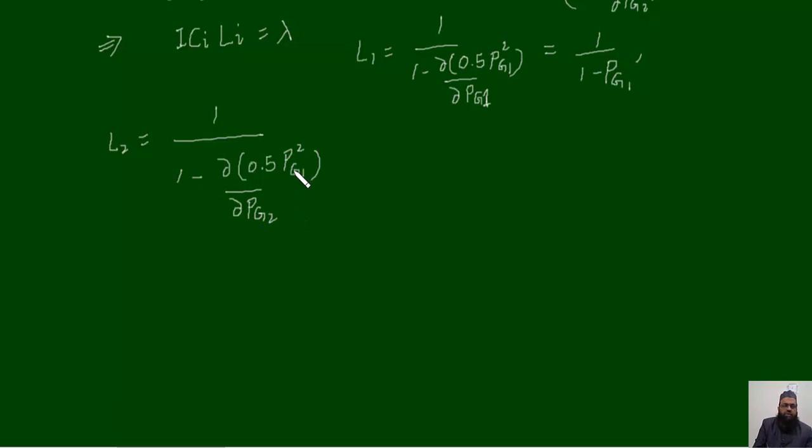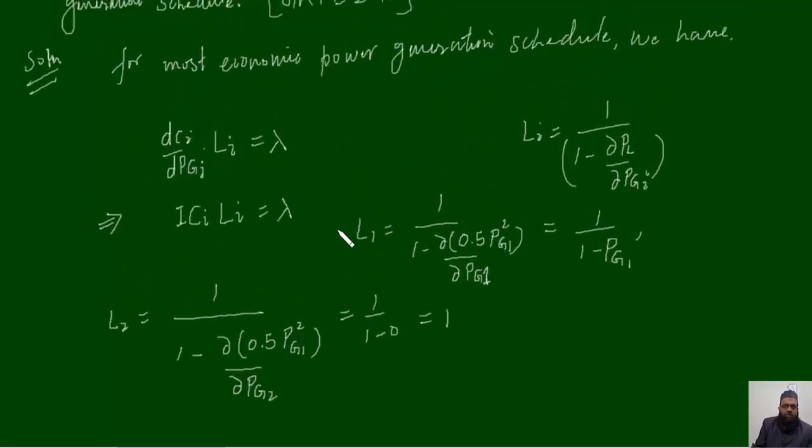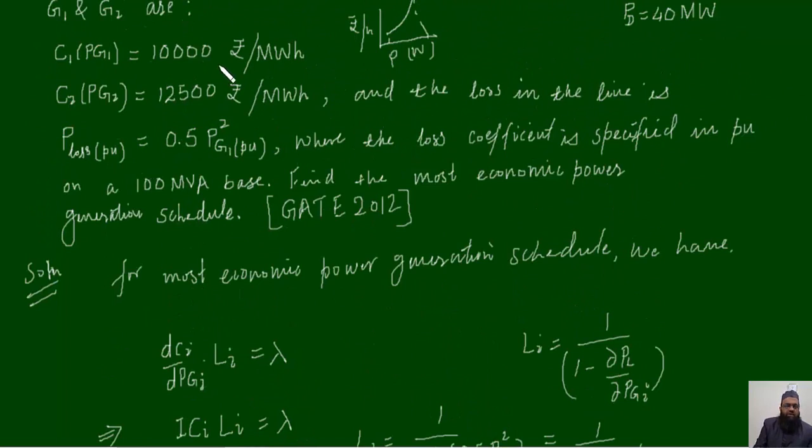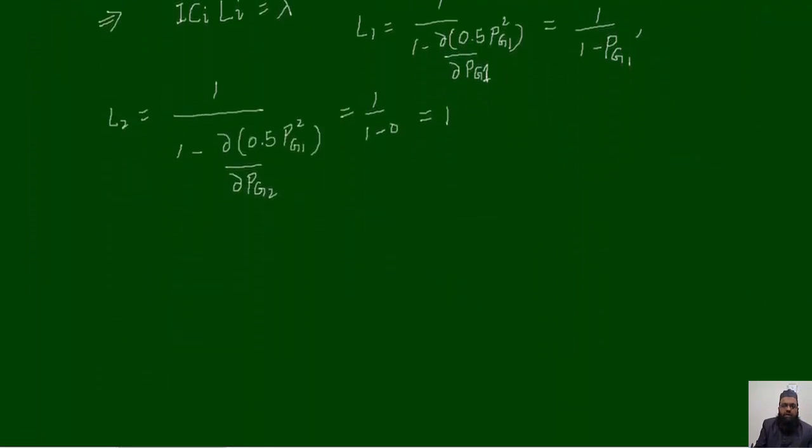Here we will put PG2 because i is 2 now. So PG1 is independent of PG2, so this will be 0. So this will be 1 upon 1 minus 0, that is equal to 1. So we have evaluated L1 and L2. IC1 and IC2 are given here. IC1 is 10,000, IC2 is 12,500.